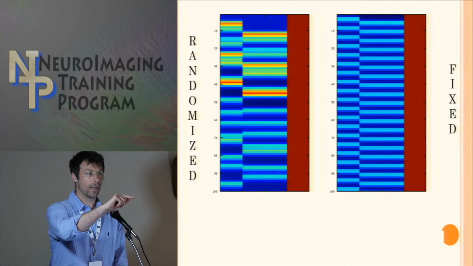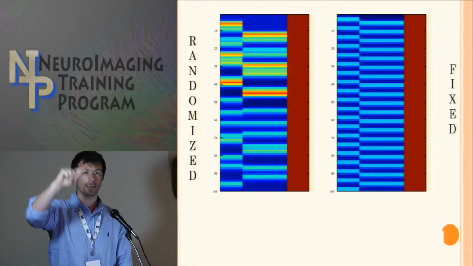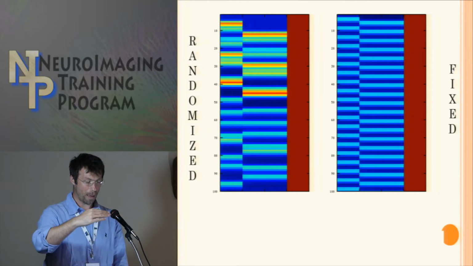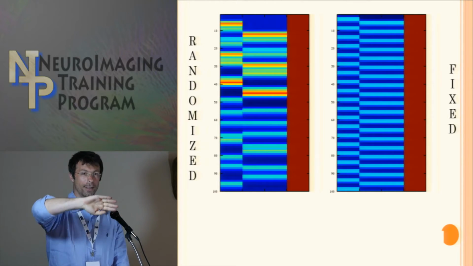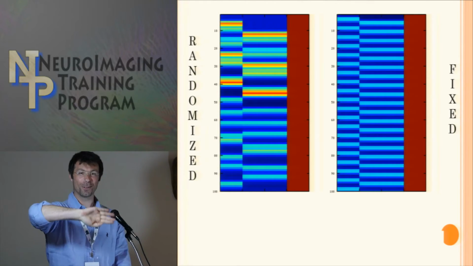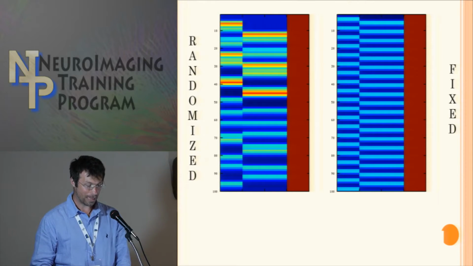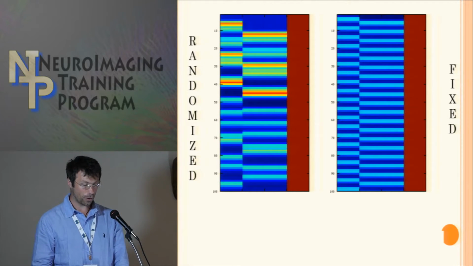If you're not familiar with this display, just because the software you use doesn't use exactly this display, along the vertical of this display, I'm showing each condition. So condition A, condition B, mean, and the intensity of the bar. I usually show this sideways, right? This is what I show. It's the same thing.